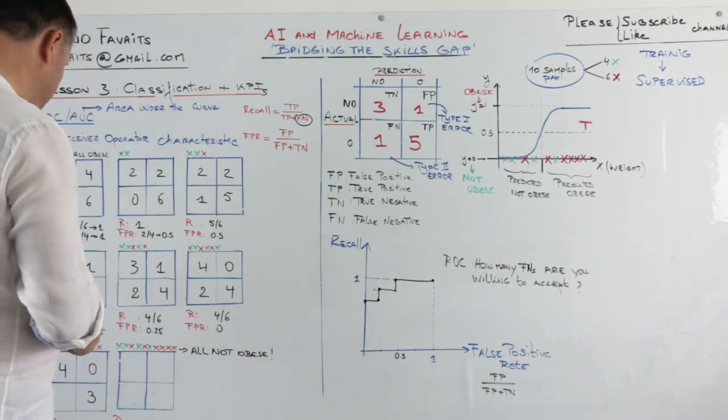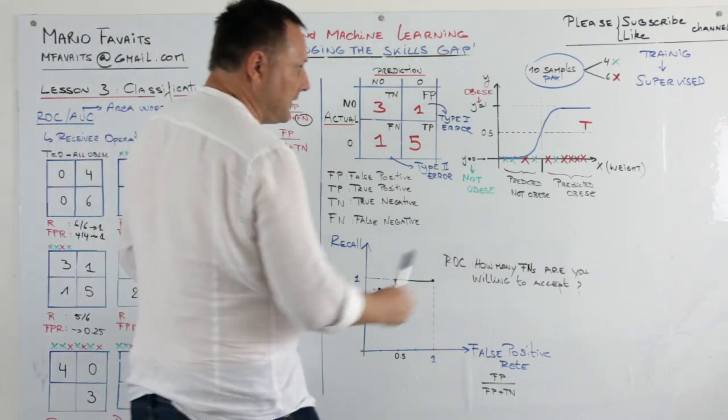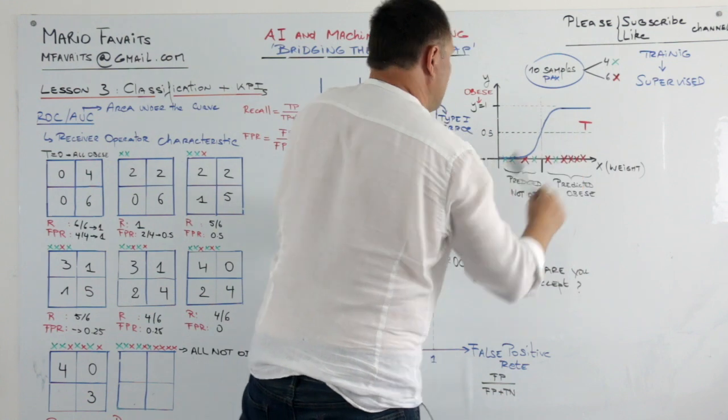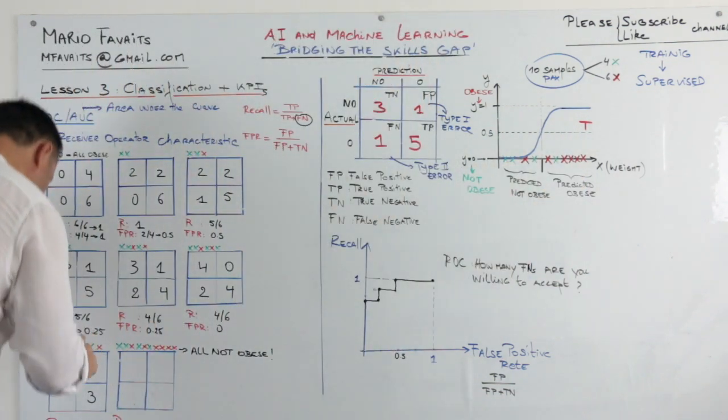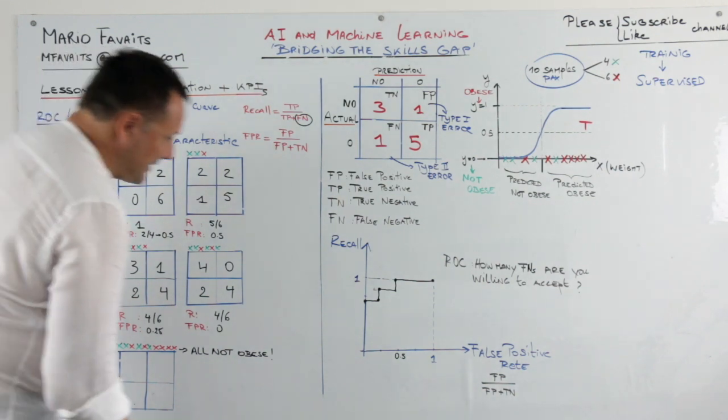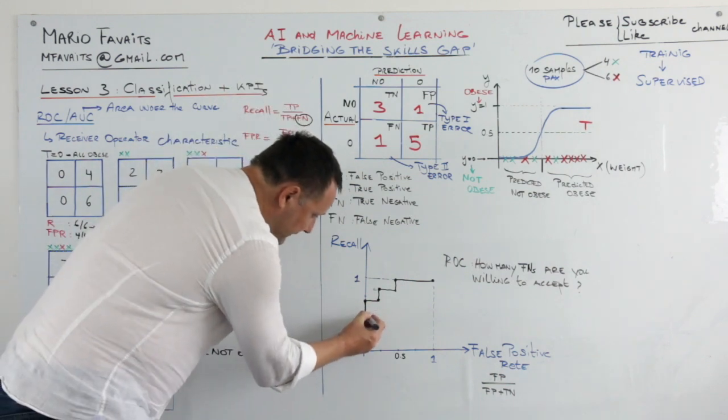No false positives, but how many false negatives? Well, 3. Yeah, these 3 red ones are false negatives. So recall is 3 divided by 3 plus 3, which is 0.5. And the false positive rate is still 0. So recall here goes to 0.5.